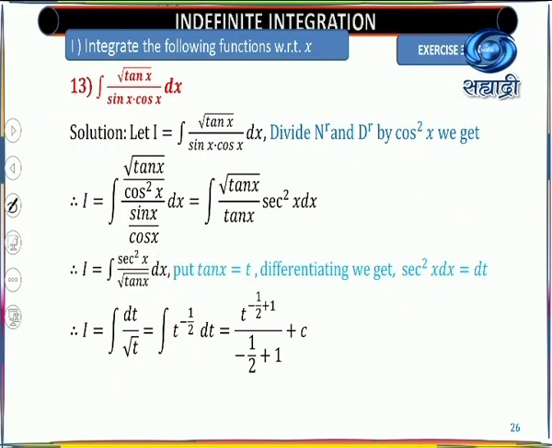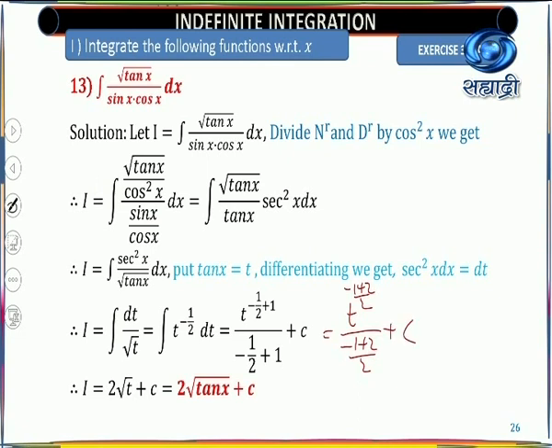We need to simplify the power, so what is minus half plus 1? It is t raised to minus 1 plus 2 upon 2, plus constant of integration.